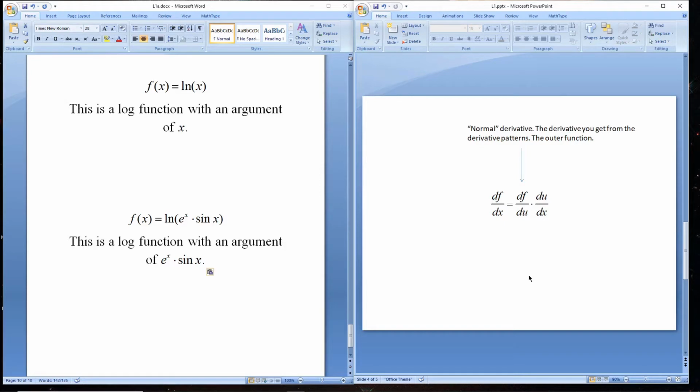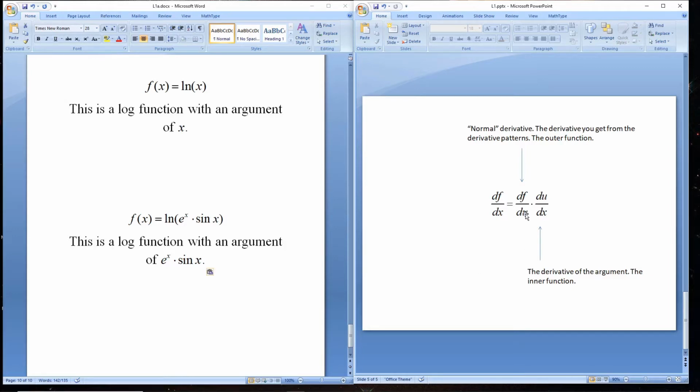And I will show you examples, but this df du, that's just straight up the derivative pattern from the sheet that I had in last lecture. And then this du dx, that is the derivative of the argument.